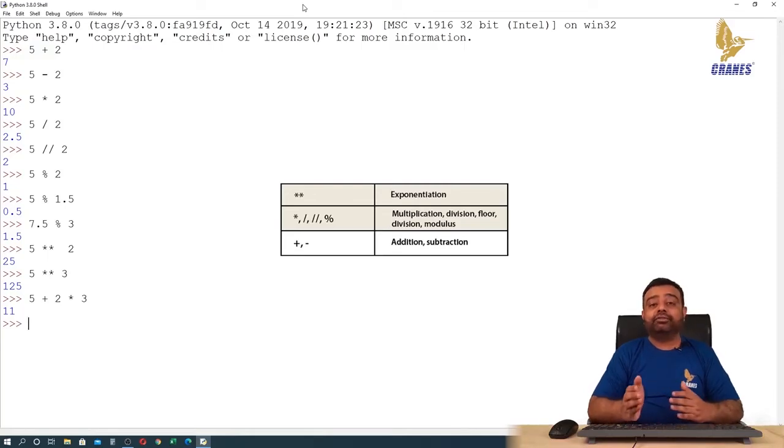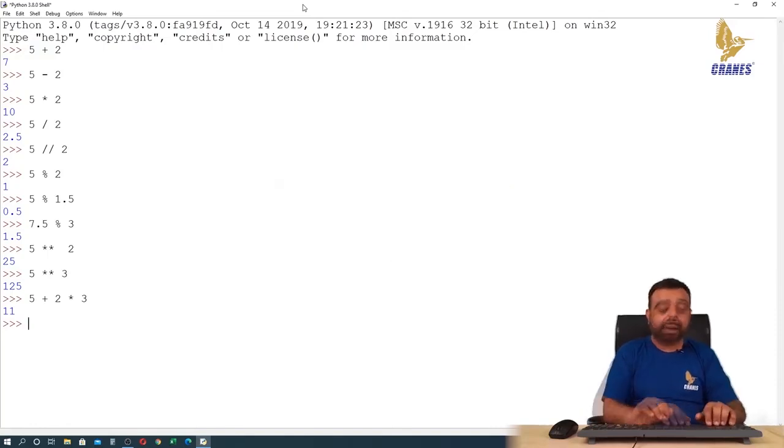Many times we relate this to the BODMAS rule: brackets, of, division, multiplication, addition, and subtraction. But one difference between the BODMAS rule and the precedence followed by Python or any other programming language is that in BODMAS, division has higher precedence than multiplication, but here division and multiplication have the same precedence and the associativity is left to right.